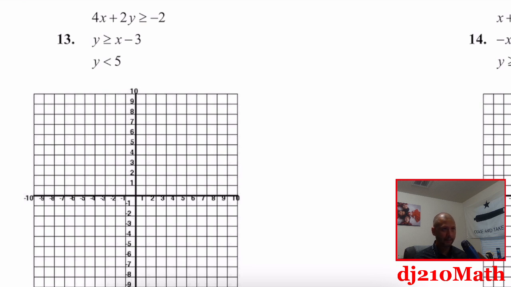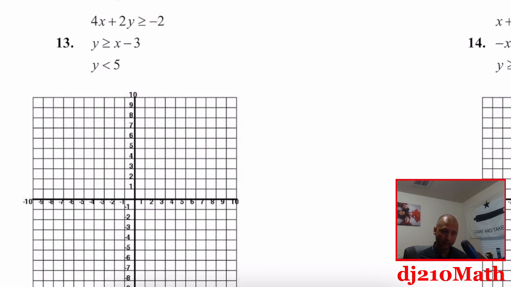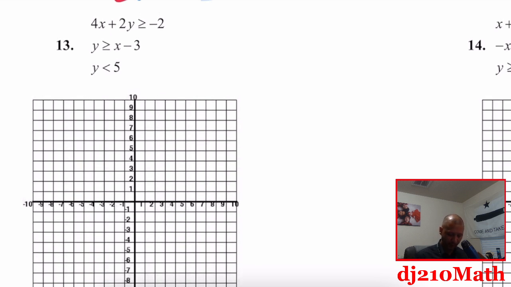Here we have 4x plus 2y greater than or equal to negative 2. So I'm going to solve for y. We subtract 4x from both sides. This means 2y greater than or equal to negative 4x minus 2.